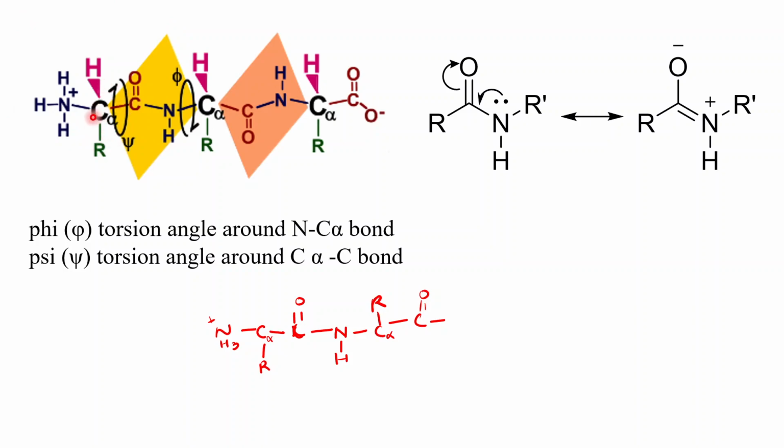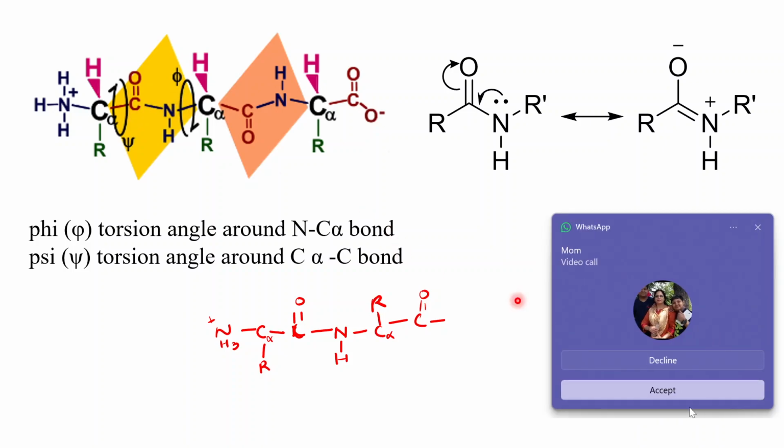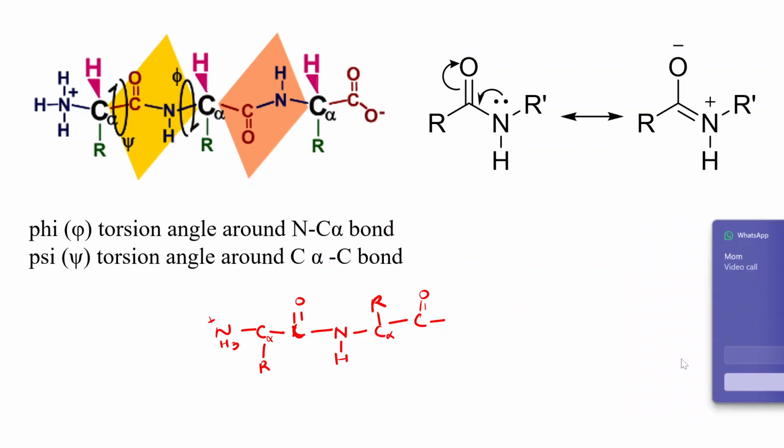So this C alpha plane can rotate with respect to the plane that is formed by the atoms comprising this C of the carboxyl group, the amino N of the amino group, and the C alpha of the next amino acid.